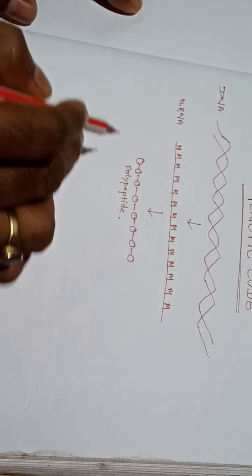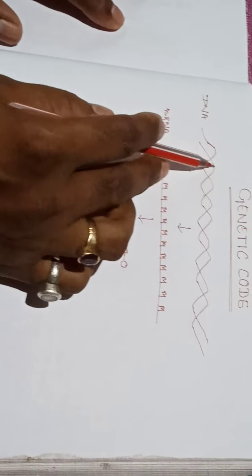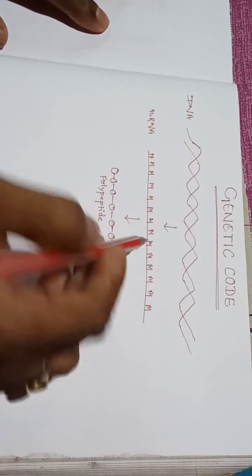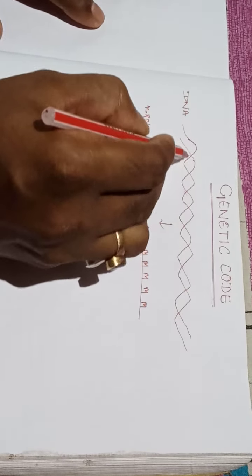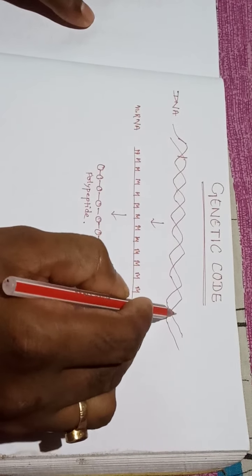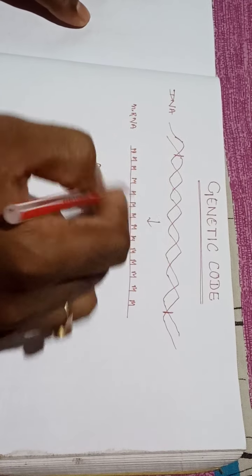Okay, so now we first need to understand what a gene is, what its information is, and how this information is carried to mRNA. So this is a DNA. A particular segment of DNA is called a gene. And what is its information?